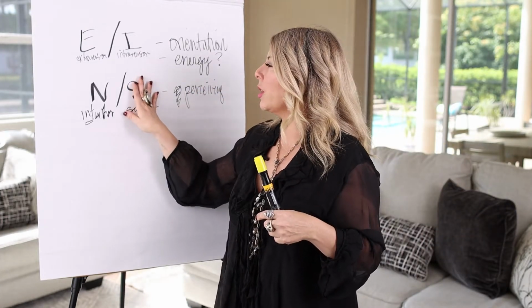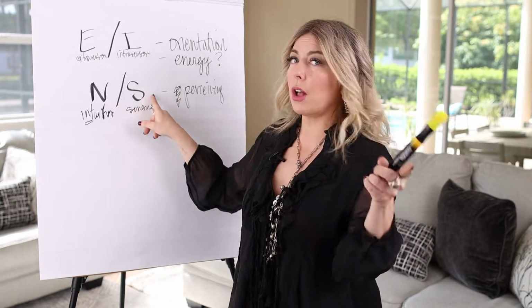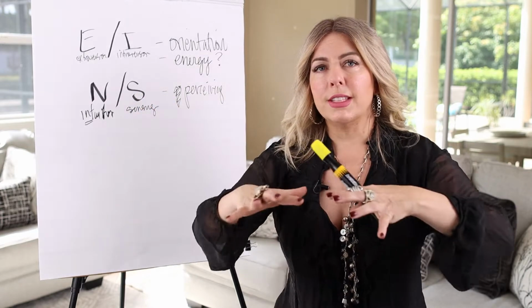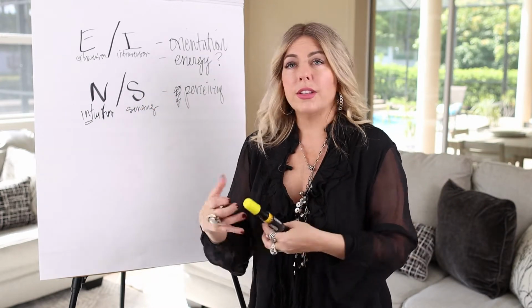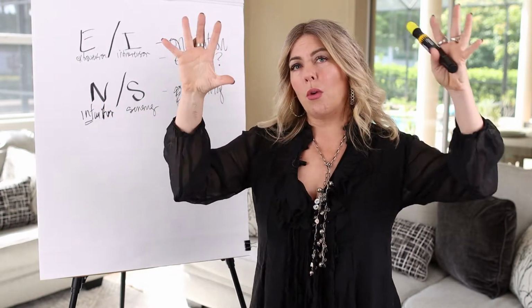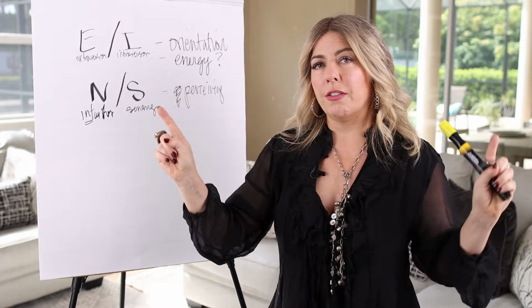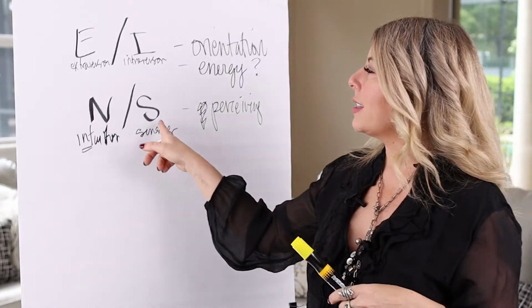So someone who prefers to gather, remember this is all about preferences, information about the world from the five senses is going to have a different way of looking at the world, a different way of engaging with the world than someone who's operating more from ideas and pattern recognition and the association of things.